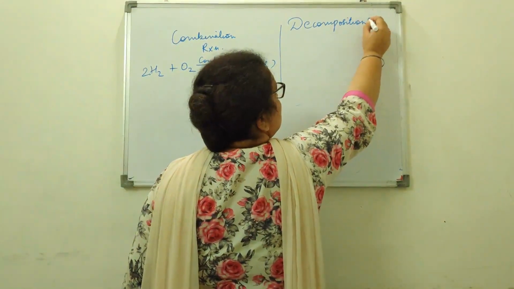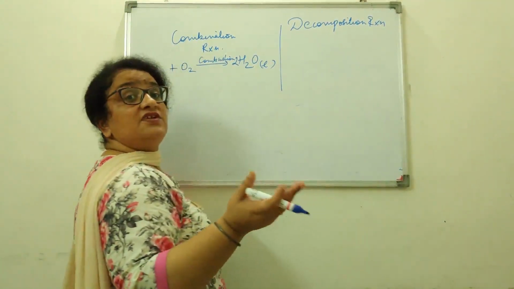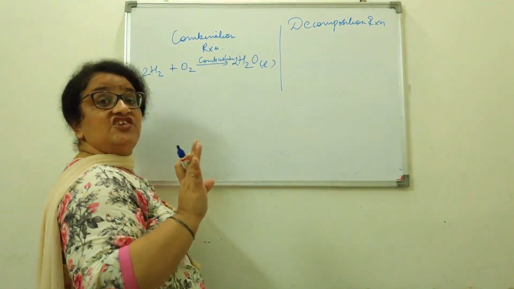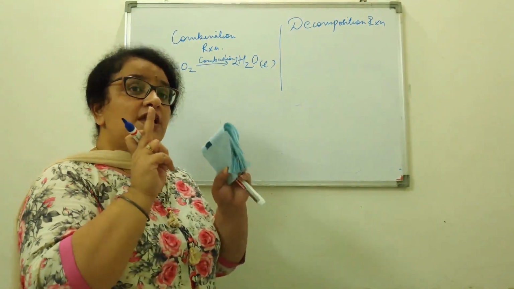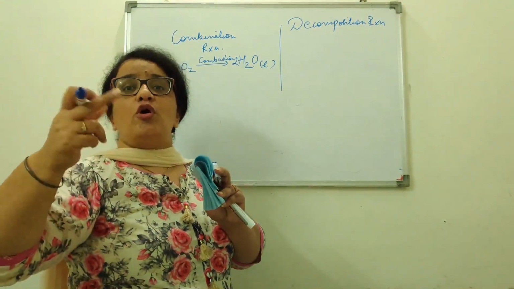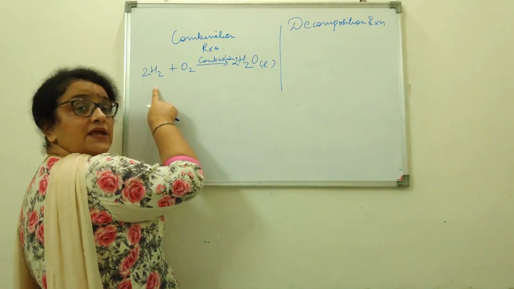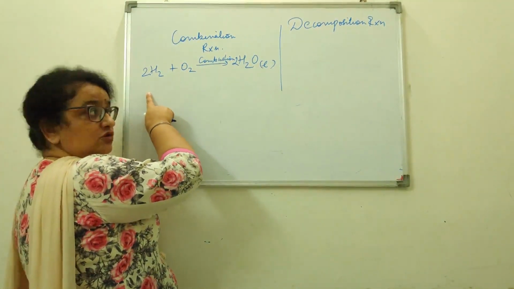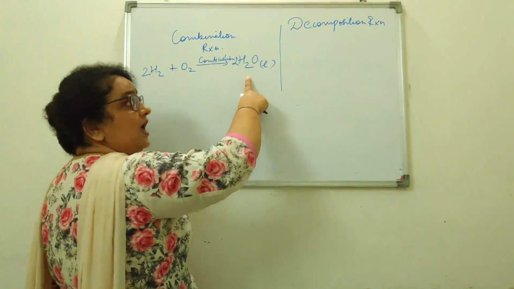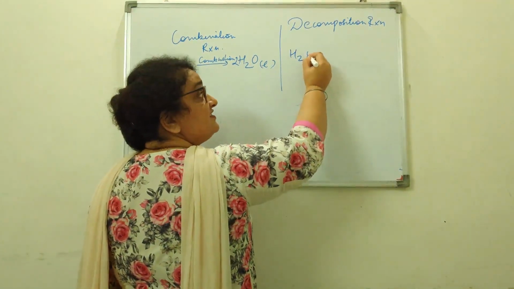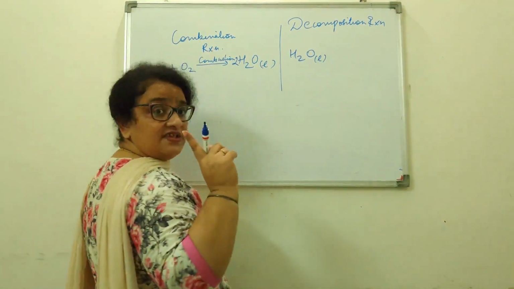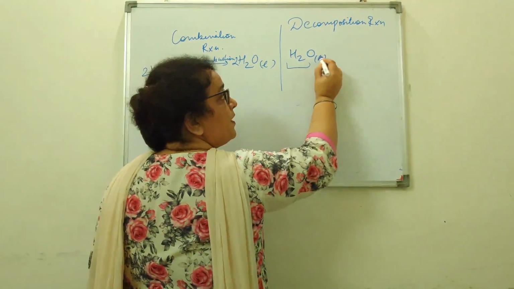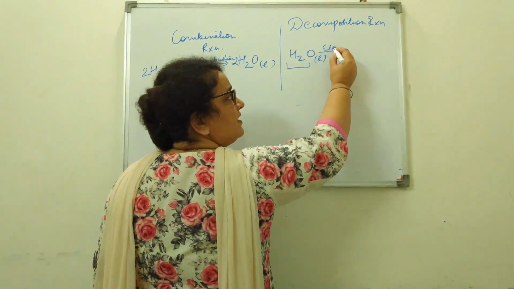Decomposition is just the opposite of the combination reaction. It means splitting of a single compound into 2 or more. Here, combining 2 or 3 to make a single compound. And in decomposition, splitting of one single compound, with the use of some energy.